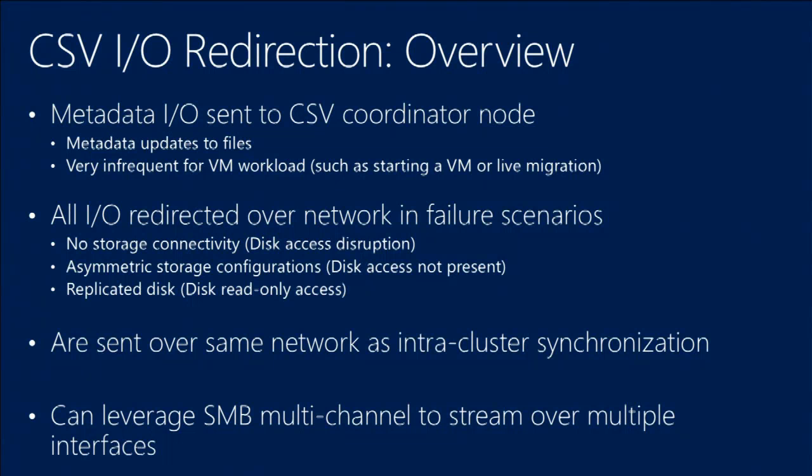And so that actually generates a good amount of traffic on the network, and that has some bandwidth considerations that you have to factor in. Underneath, I will be talking in detail about SMB multi-channel, but CSV uses SMB multi-channel, so all the advantages of SMB multi-channel come with it for CSV traffic.